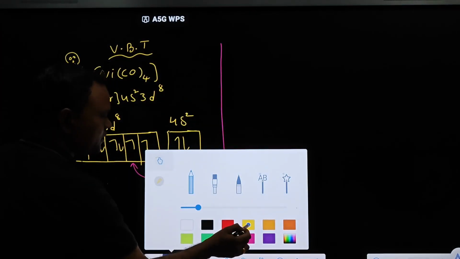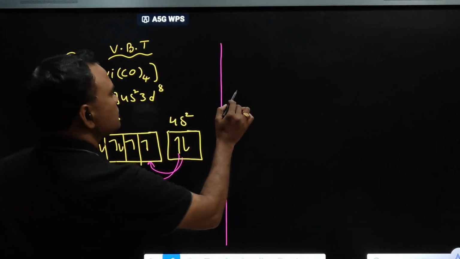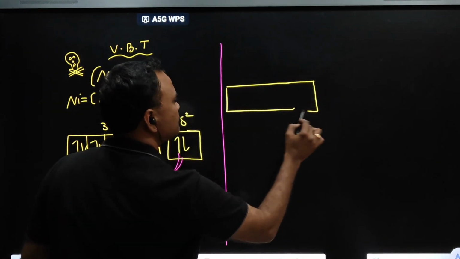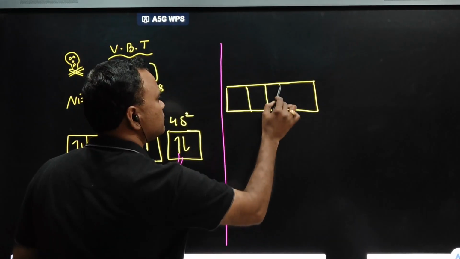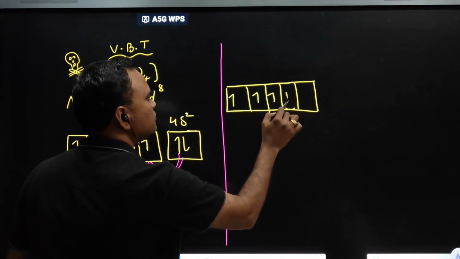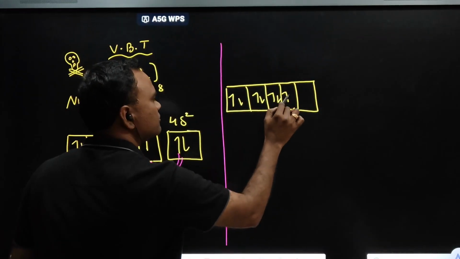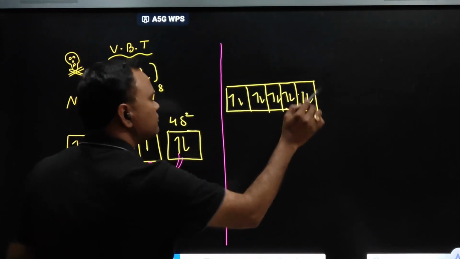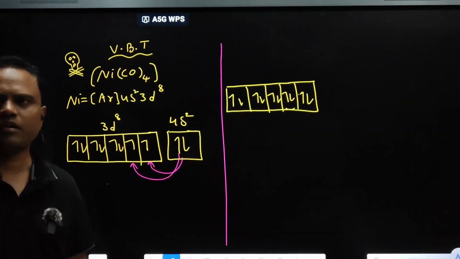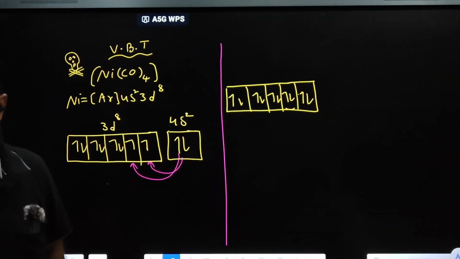After sending the s electrons, the remaining structure: one, two, three. And vacancy is created in the s orbital.